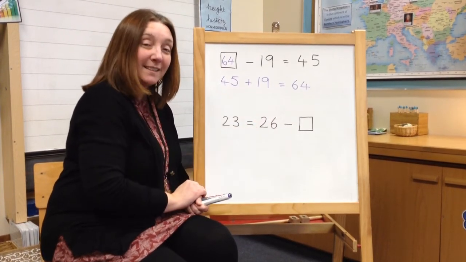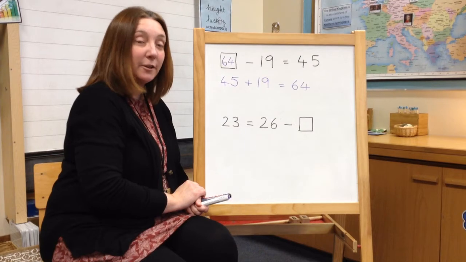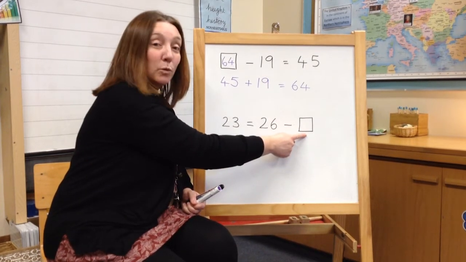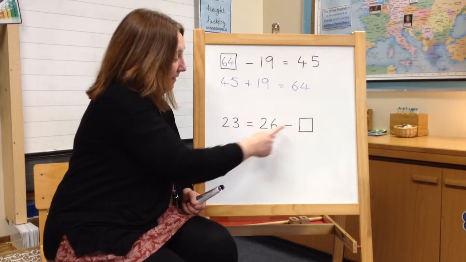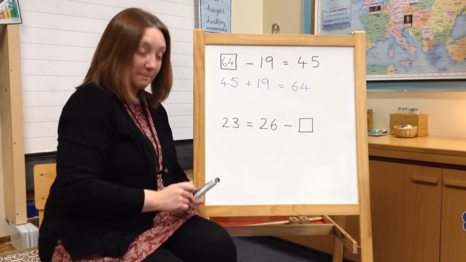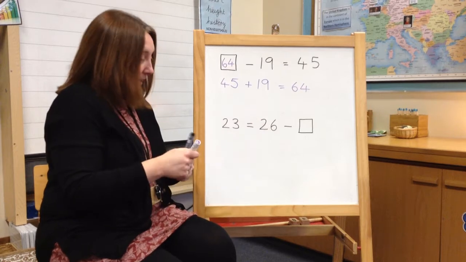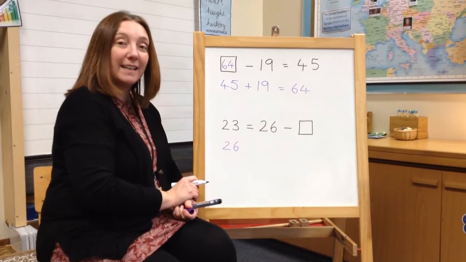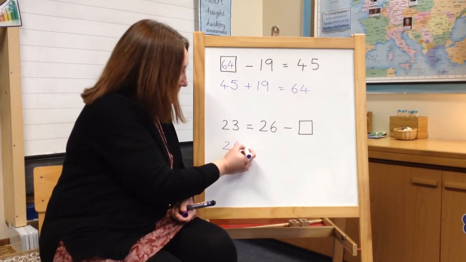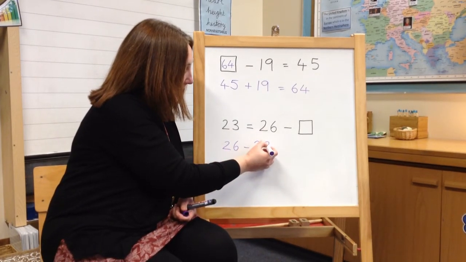Remember, the minuend is the number with the greatest value, so the subtrahend will be less. To find a number that is less, we're going to have to subtract. 26 will become the minuend because it's the greatest number, and we're going to subtract 23.